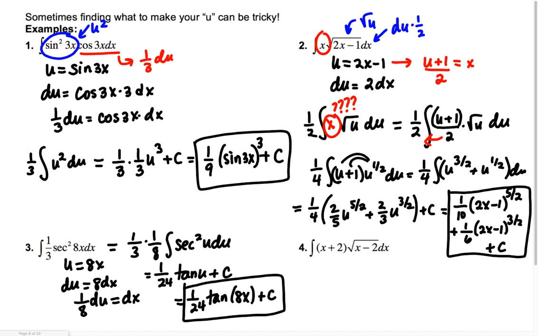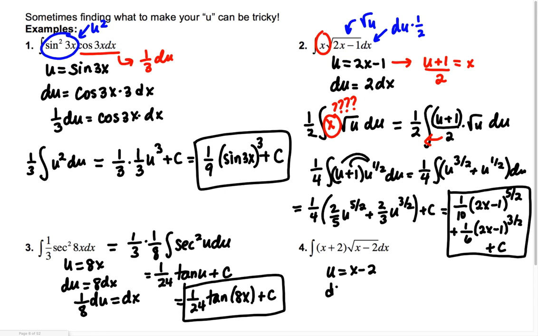All right, what do you think is going to happen on number 4? It's just like number 2, where you're going to let your u be x minus 2. Because we want it to be the square root of u, so we can write it as u to the 1/2 and then distribute it in. But distributing something that's the square root of x minus 2 would be weird. We don't do that. We want it to be a single term under a root, so we can write it as something to the 1/2.